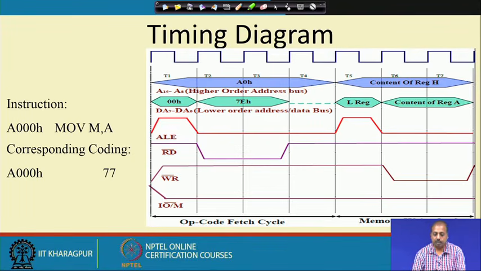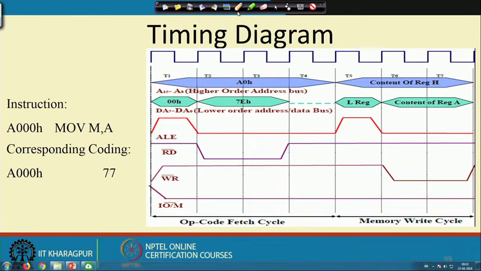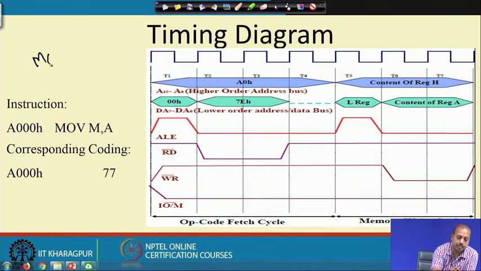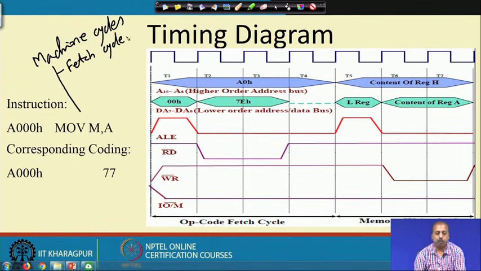To summarize, so far we have seen different types of cycles. These cycles are known as machine cycles. There are different types of machine cycles that we have seen. For any instruction to start with, there is a fetch cycle, or opcode fetch cycle.